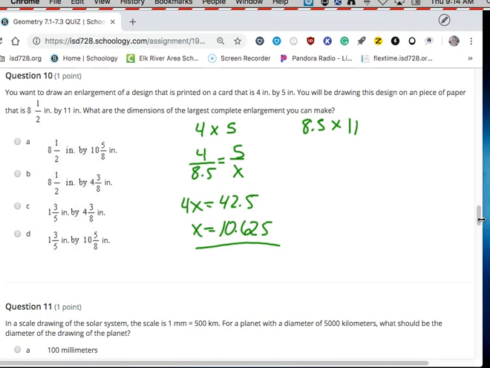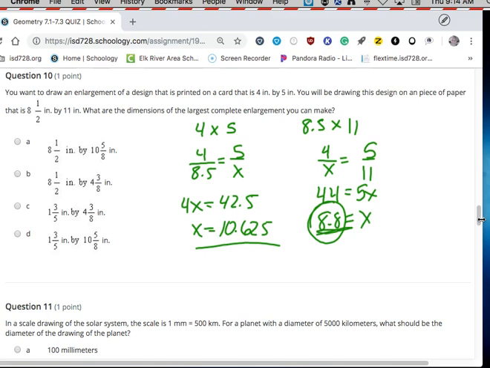Let's see if I can make it bigger on the other side. If I do 4 is to x and 5 is to 11, that's 44 equal to 5x, and I take that 44, divide by 5, and I get 8.8. Now, this is too big for the paper because it's bigger than 8.5.